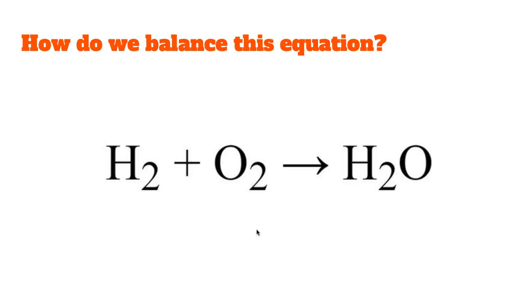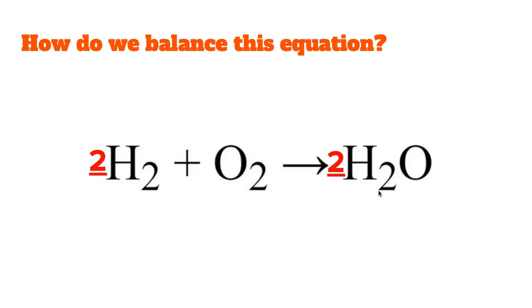All right. What about this one? Hydrogen plus oxygen forms water. On the left, we have 2 hydrogens and 2 oxygens. And here we have classic H2O, which has 2 hydrogens and 1 oxygen. So the hydrogen already matches, but the oxygen doesn't. So we want to match the oxygens instead.